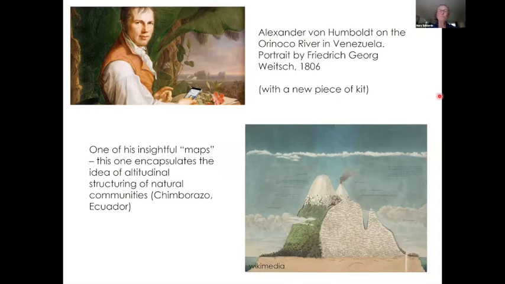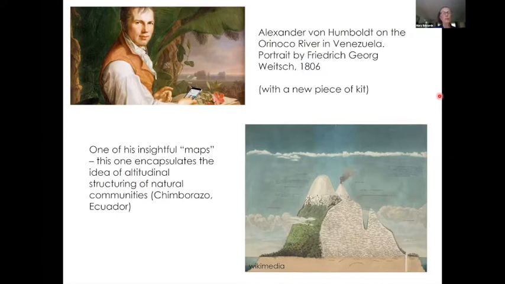So, as Sandra has pointed out, Alexander von Humboldt was an extraordinary person with an amazing interest in all things natural. And on many of his journeys, not only did he collect, record, monitor, but managed to come up with these synthetic insights into how nature actually worked.